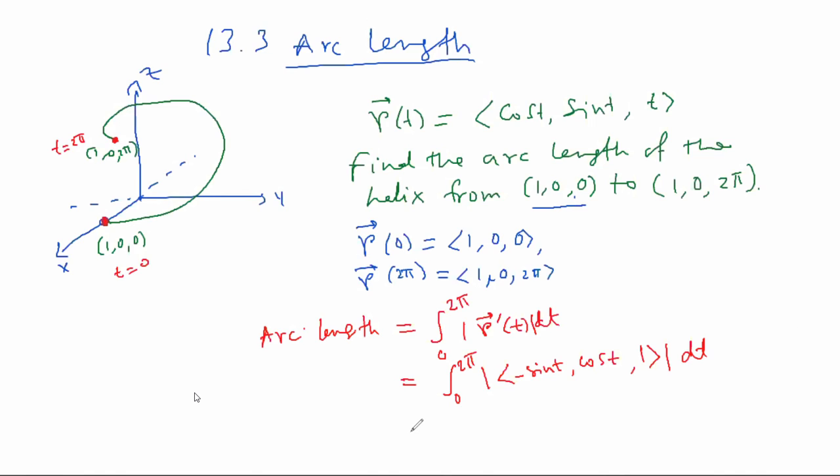Okay. So now if you do the magnitude formula, that will be the square root of sine squared t plus cosine squared t plus 1 squared. Sine squared plus cosine squared is 1, and this is 1. So this basically becomes square root of 2.